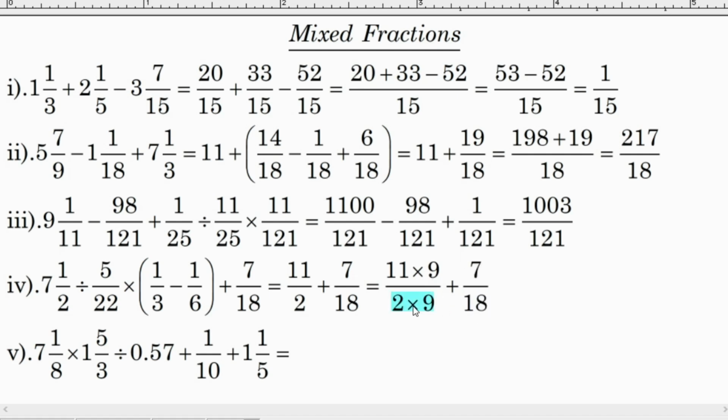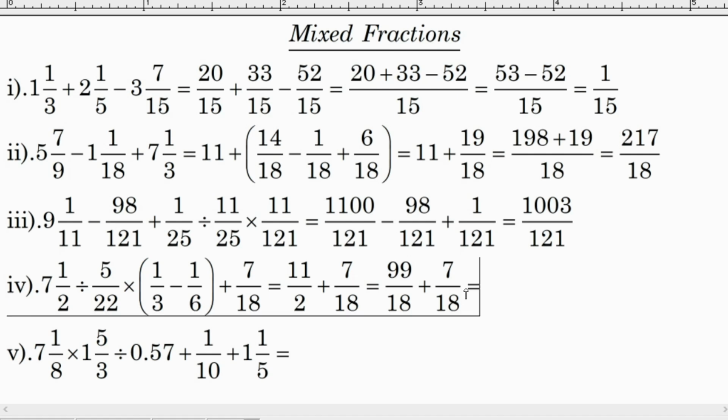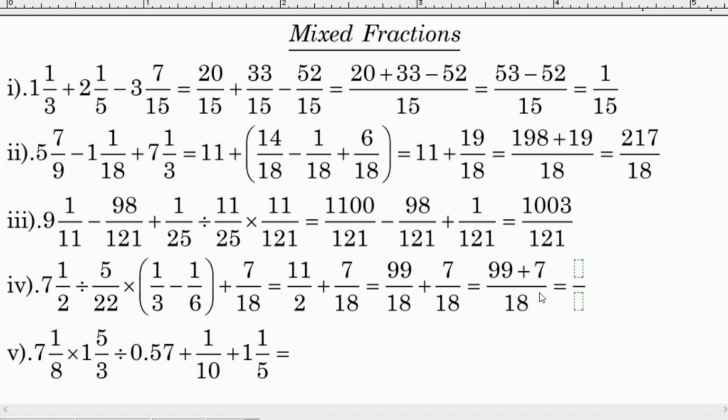So here equals 18, and here equals 99. So we put the same common denominator and then take 99 plus 7 equals 106, divided by 18.